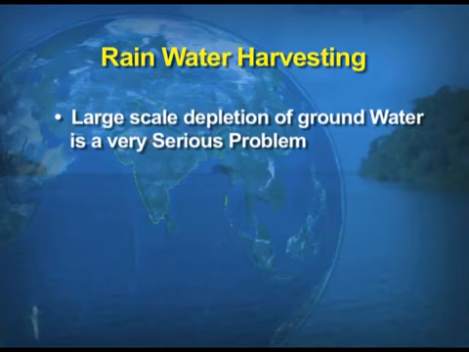Now another concept is rainwater harvesting. The large-scale depletion of the groundwater is a very serious problem. So this is a technique of increasing the recharge of the groundwater by capturing and storing the rainwater locally to meet the household needs.